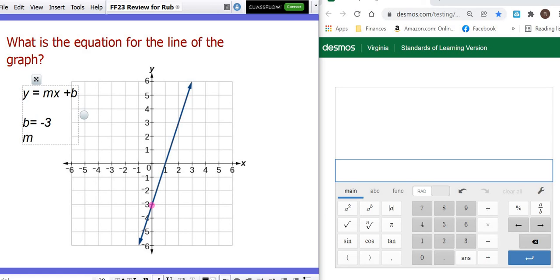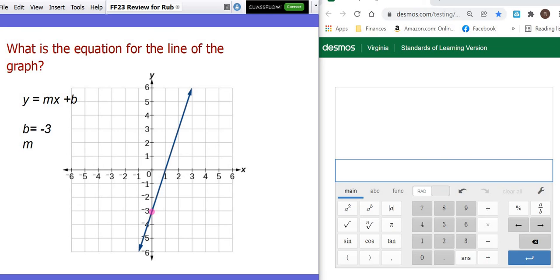So let's come back over here and figure out our slope. So here is a point right here on the y-axis, and then I'm going to look for my next one. My point right there, so now I'm going to count it, figure out my slope. 1, 2, 3. So that's a 3, and I went up, so it's positive.